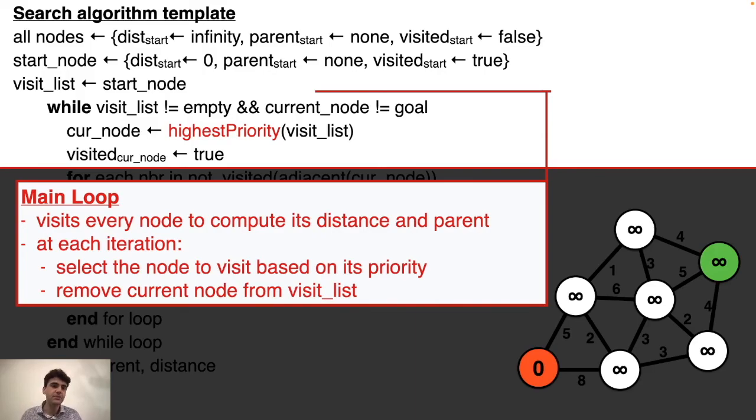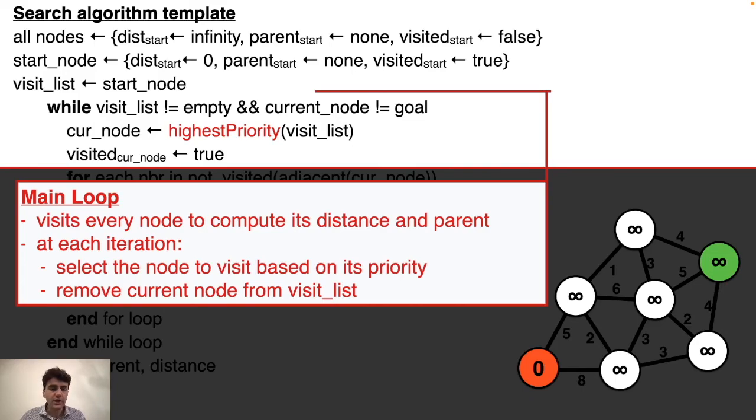And so the first step within each of the iterations, as we walk through the algorithm, is that it has to decide from the visit list which node it should visit next. In the line directly below the while loop, we're taking the current node that we're going to be visiting to be the highest priority node from our visit list.